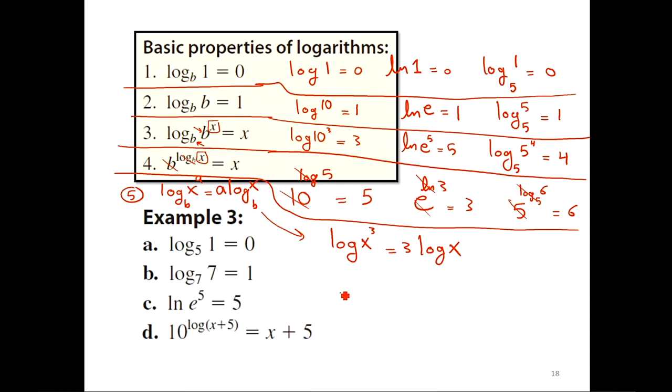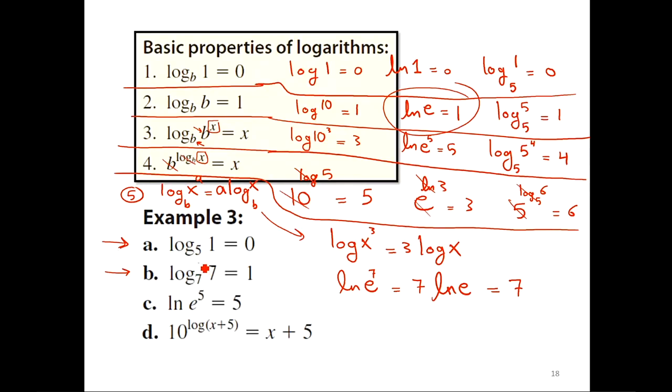Also, if we have ln, for example, e to the power 7, this is equal to 7 ln e, and ln e equals 1, so we have 7. Look at this example, log 1 is directly 0.